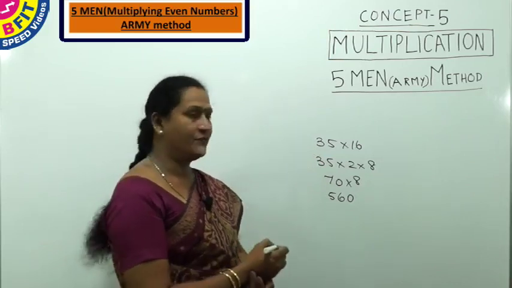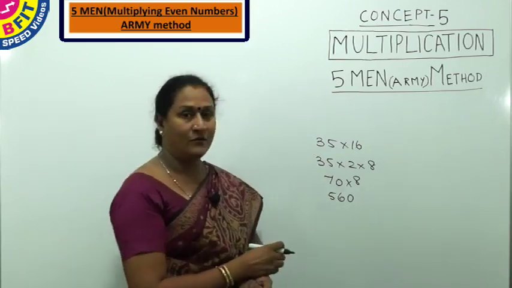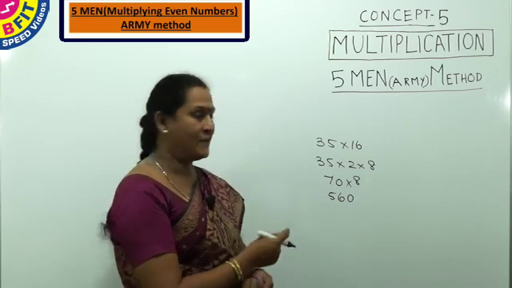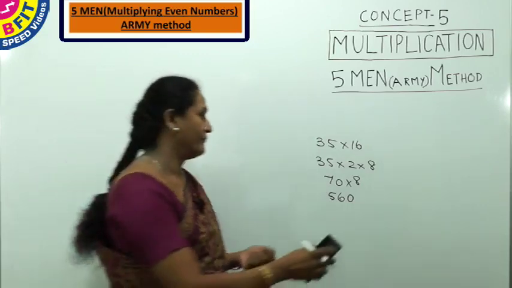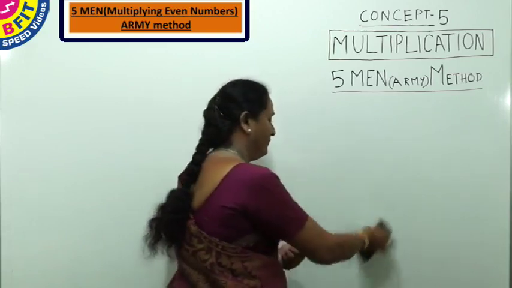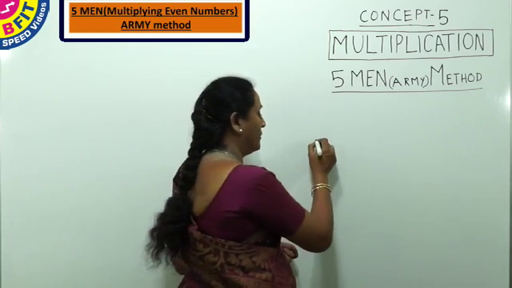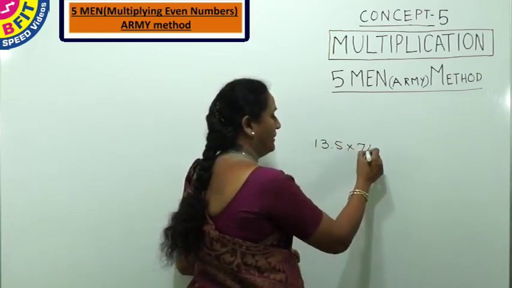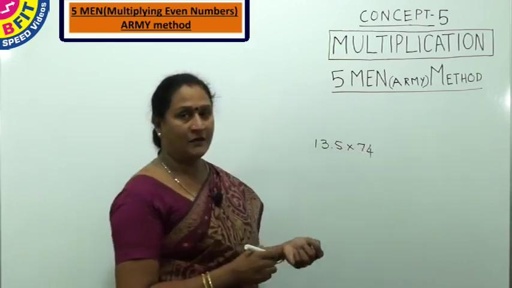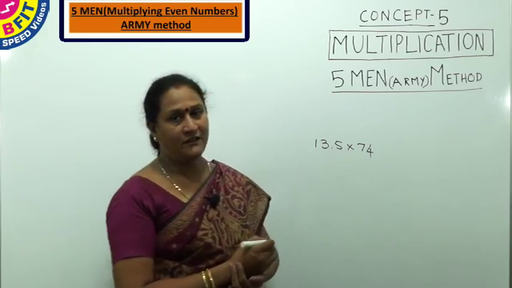Now we'll see the answer for the second question. Hope you would have got the answer within seconds for the first question. The second question is the product of 13.5 into 74. Though it is a decimal, it ends with 5 and we have an even number.